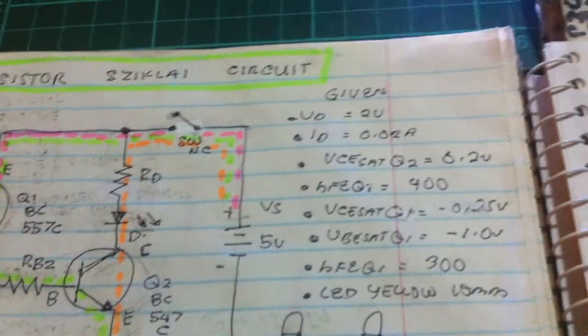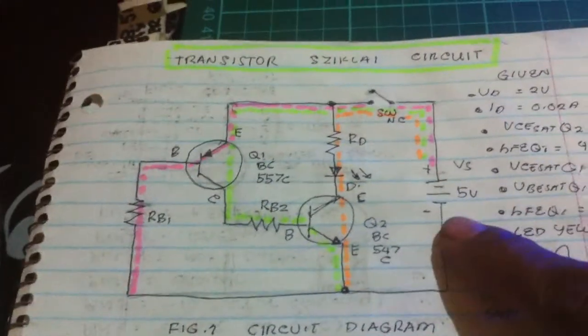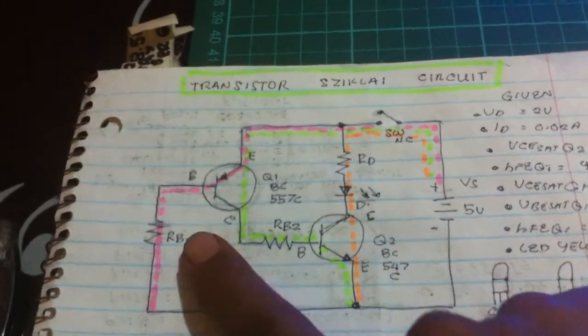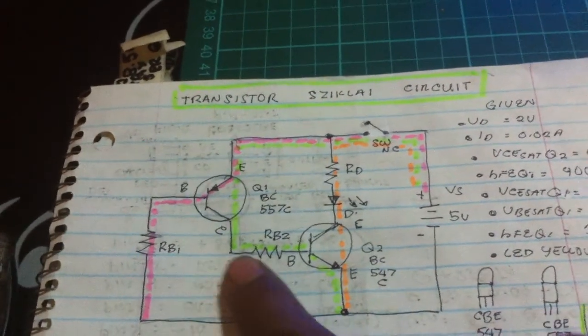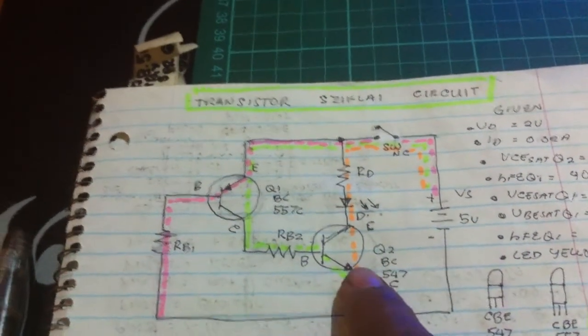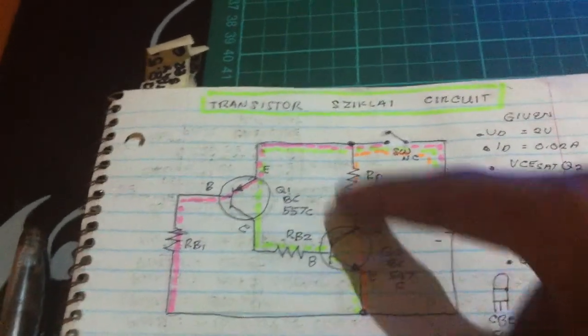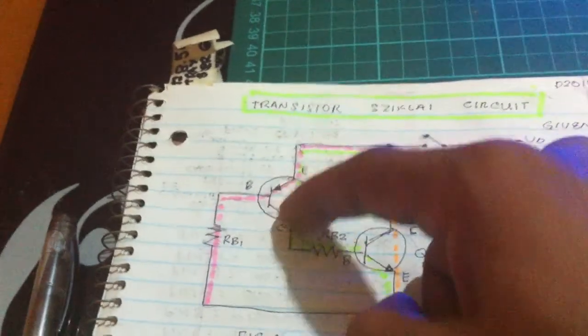We made a lot of computation here and some given data. The objective of the circuit is to use two transistors in the cyclic configuration, turning the LED on by conducting the transistor in saturation mode. Current flows here, also here, and also here.